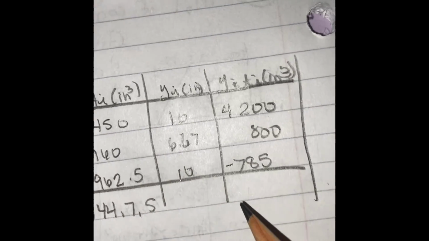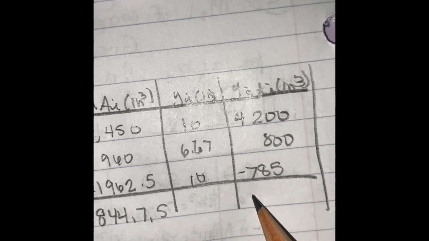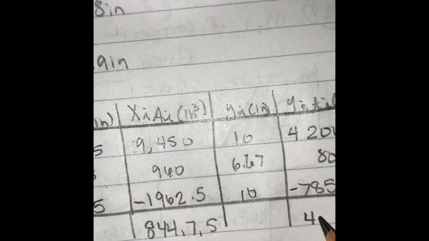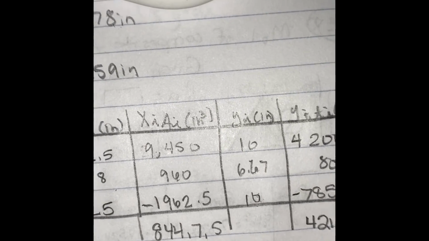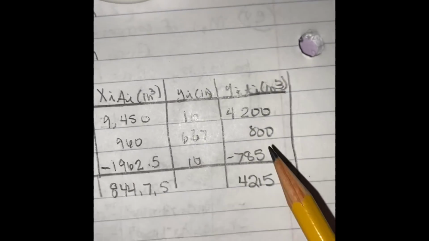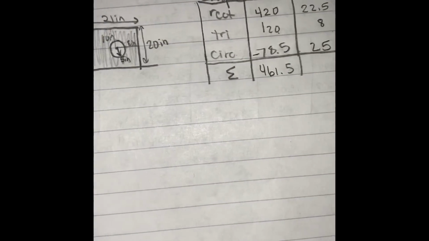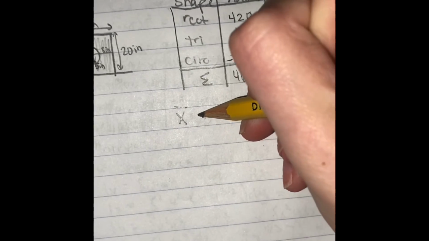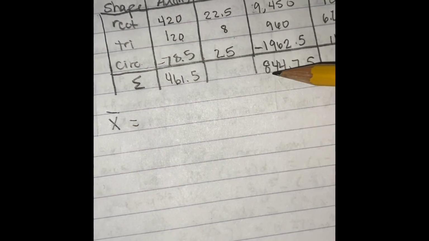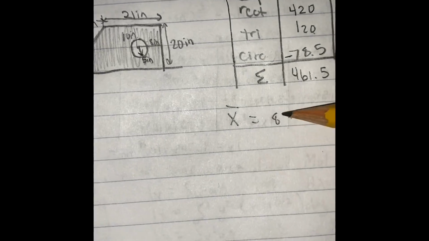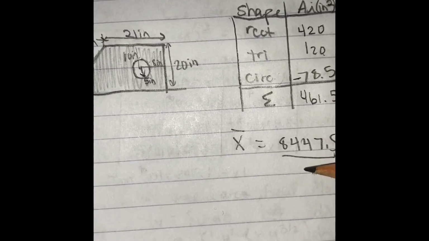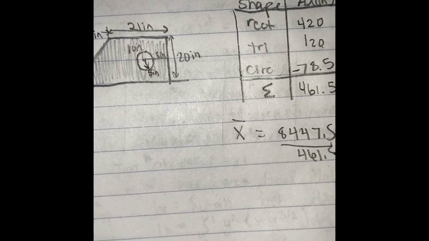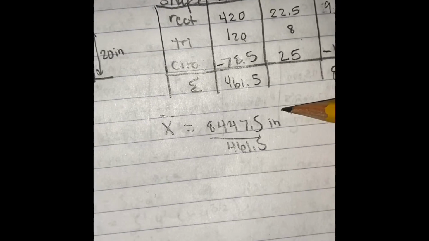And then for your y column, it will be 4,215 inches cubed. And so to find your centroid again, your x bar equals the product from here divided by your area, 461.5. Don't forget your units.